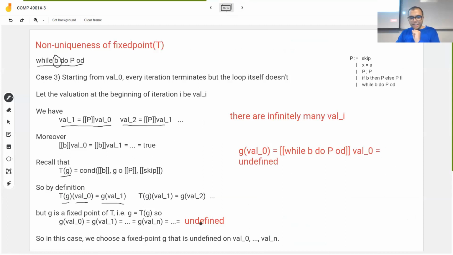And then in the third case, the choice that would give me the largest undefined set was to put everything here as undefined. Okay, so this actually shows the fact that the fixed point of T is not unique, but the least fixed point of T is unique. And the least fixed point of T matches our operational semantics.